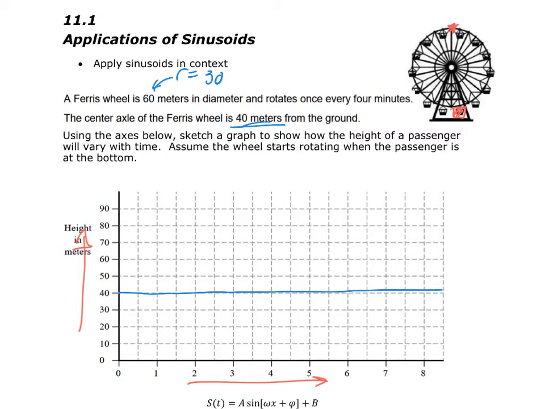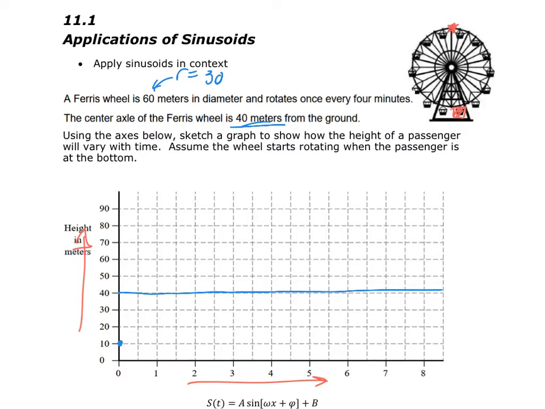If it takes 4 minutes to do a full rotation, where am I at time 0? Where am I? If I choose being at the bottom of the Ferris wheel, then I'm going to start at 10 meters off the ground. And then after 2 minutes, where am I?